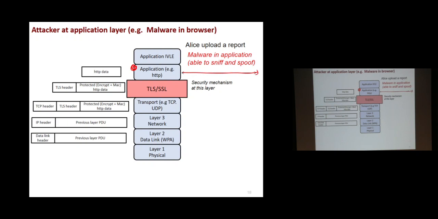So now if we have TLS protection here, are we able to prevent the malware, like a keylogger in the browser, from sending out information? No, because TLS only protects information passing through it, and this guy directly communicates to his friend above the TLS. Right.